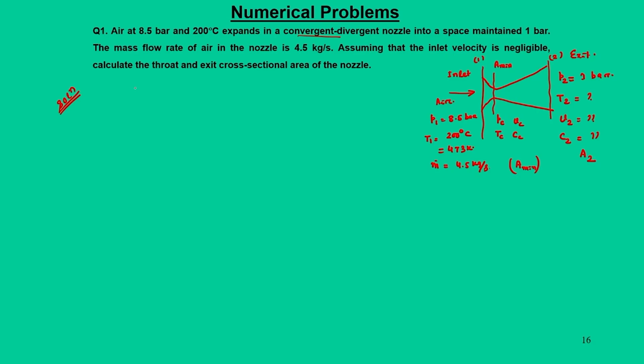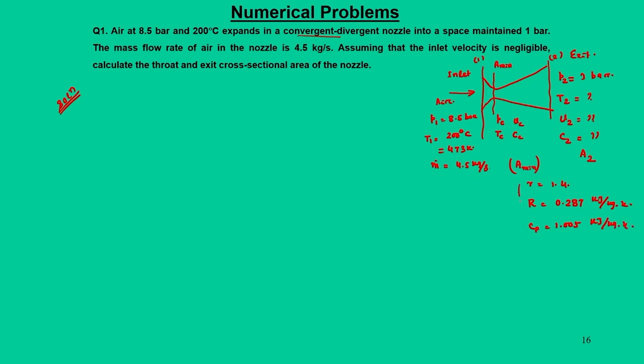So, we need to recall that since we have air, we can say gamma is equal to 1.4. We also require information about R, that is equal to 0.287 kilojoule per kg Kelvin, and Cp is equal to 1.005 kilojoule per kg Kelvin.